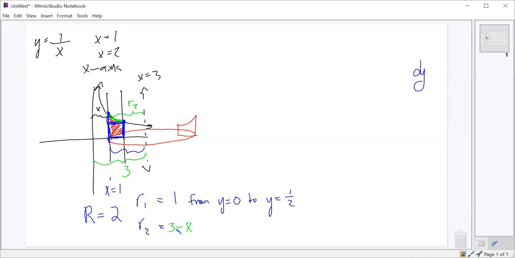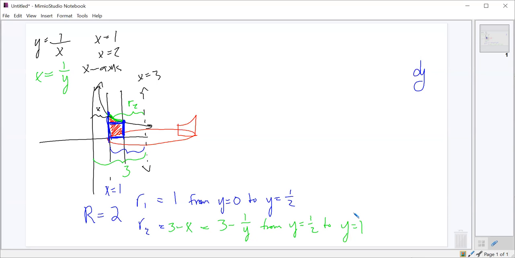And what is x equal to? x is equal to 1 over y. So we have an inner radius of 3 minus 1 over y from y equals 1/2 to y equals 1. Good or no? Good.